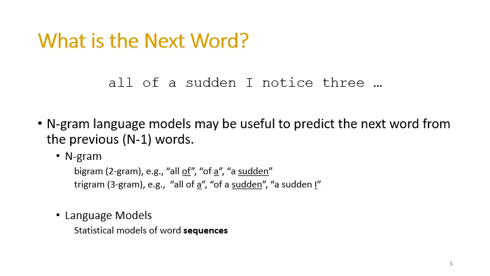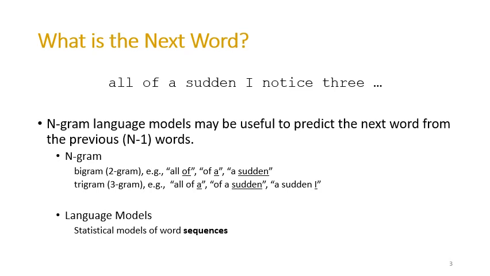We have a sequence of words, and then we're going to predict or guess what is the next word. For example, the sequence says, all of a sudden, I noticed tree something. N-gram language models may be useful to predict the next word from the previous n-1 words.